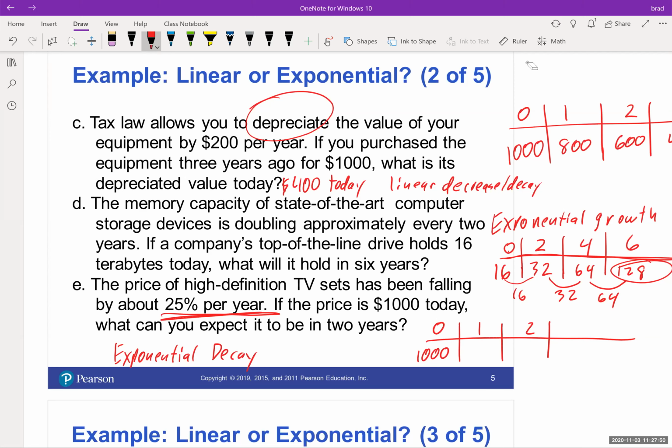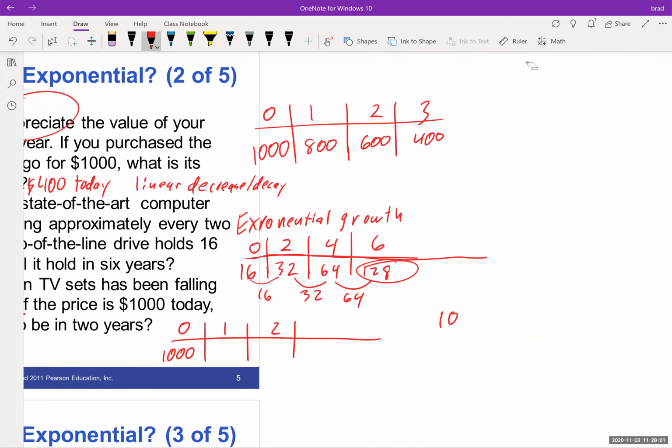So it says it's falling by about 25% per year. So I'm going to take 1,000 and multiply that by 0.75, because if it's losing 25% of its value, that means that it's only worth 75% of what it usually is.